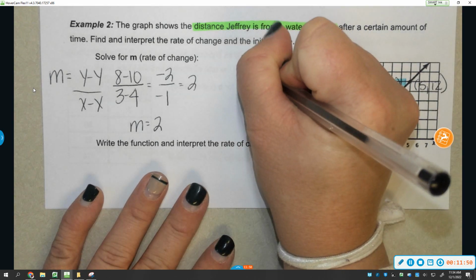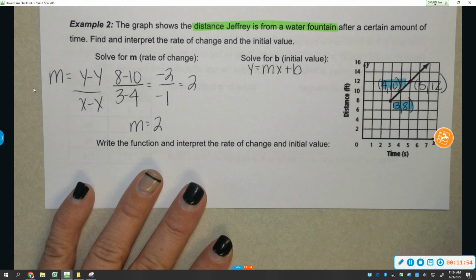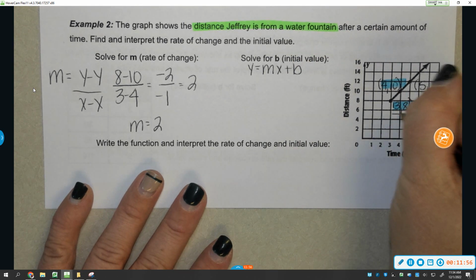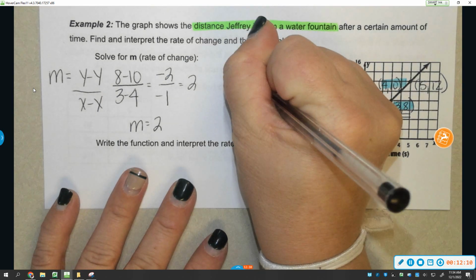So again, start off, y equals mx plus b. I'm going to use the first ordered pair. What am I going to plug in for y? Tyler? 8.